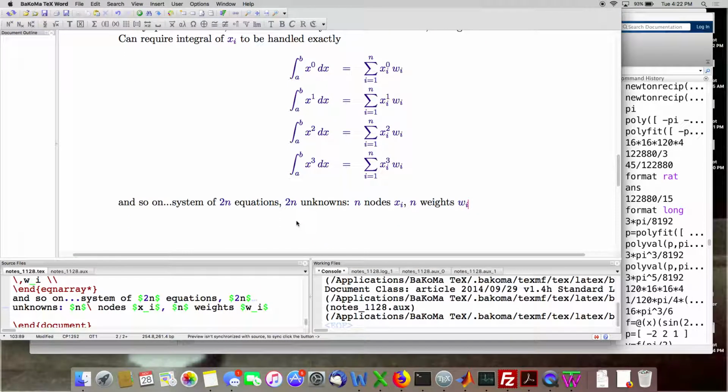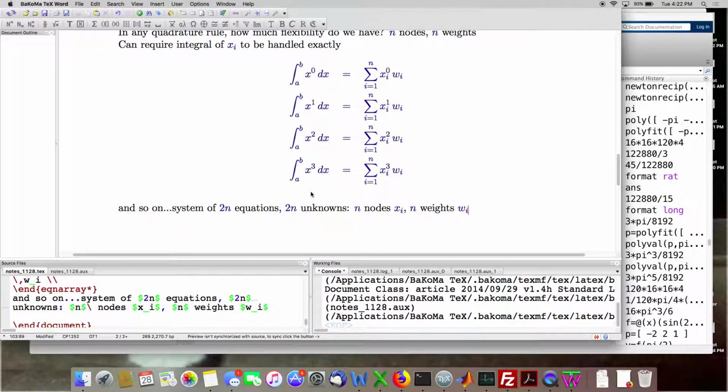So I can set up as many of these equations as I can until I've used up all my flexibility, because to have a chance of a unique solution, I should have the same number of unknowns as equations.